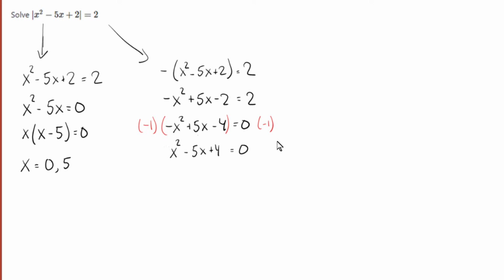Now we can factor it. So we're looking for two numbers whose sum is negative 5 and product is positive 4. So these two numbers are going to be negative 4 and negative 1. So negative 4 plus negative 1 is negative 5. Negative 4 times negative 1 is positive 4.